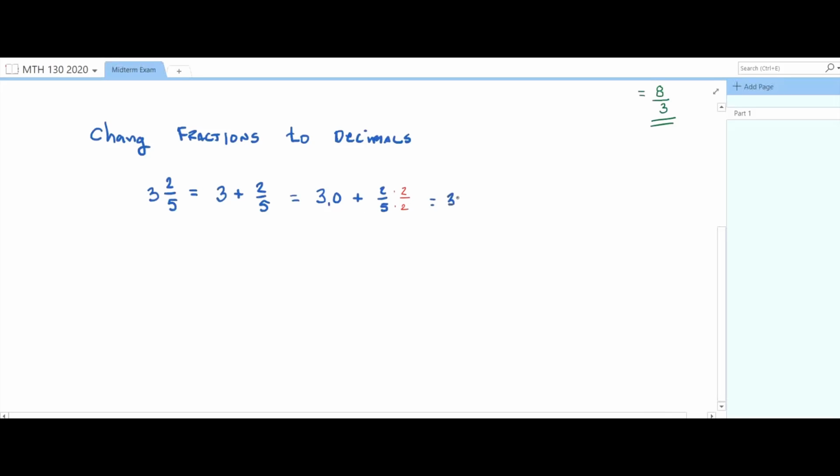So again, now we're down to 30 plus 4 tenths. And 4 tenths, we know, is the same as 0.4 because this is the tenths column. So this equals 30.4. That's our answer.